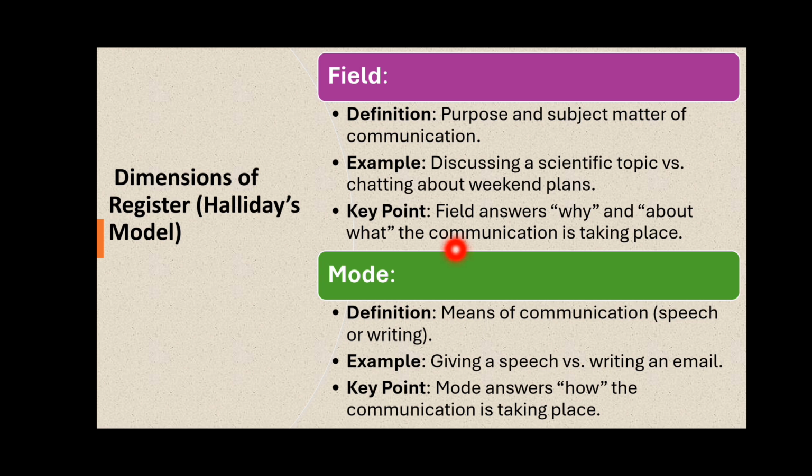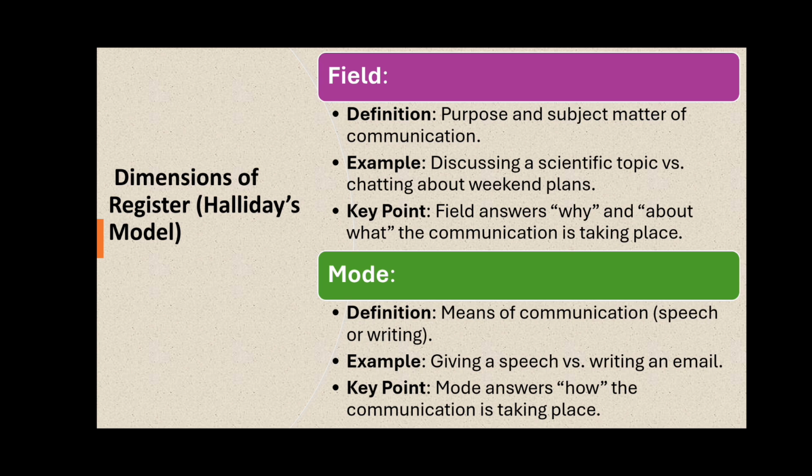Now key point: field answers why and about what the communication is taking place. So what is field? Out of the three dimensions of register, the first one is field. Field is the subject matter and the purpose of your communication.